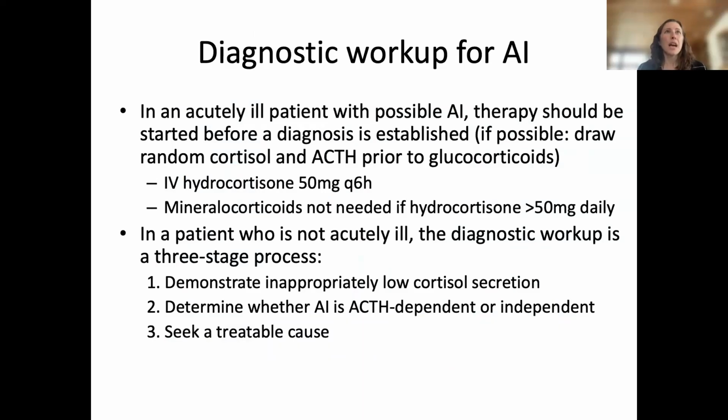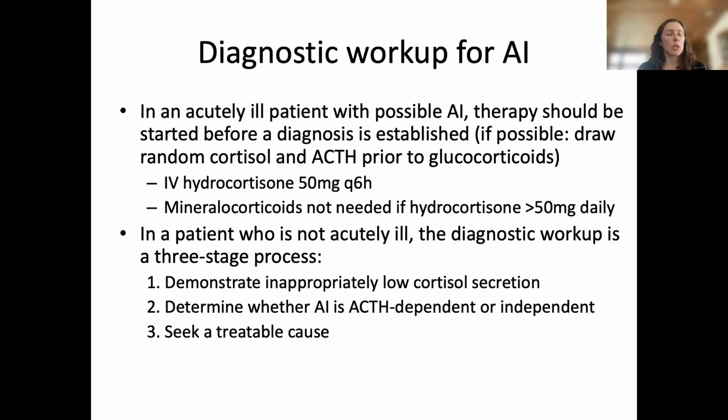In terms of the diagnostic workup, once you have suspected AI and it's in your differential diagnosis, in an acutely or critically ill patient with possible AI, therapy should be started before a diagnosis is established. Therapy should not be delayed to establish the diagnosis because it is potentially life-threatening. However, if possible, you can draw a random cortisol and ACTH level prior to giving glucocorticoids.